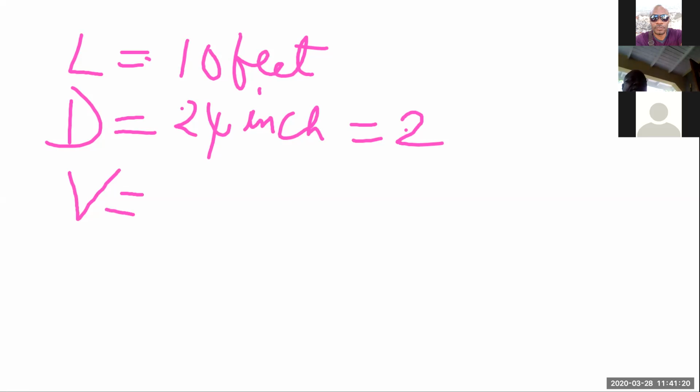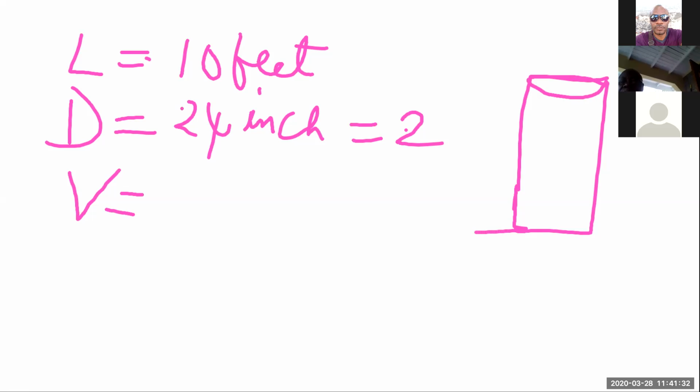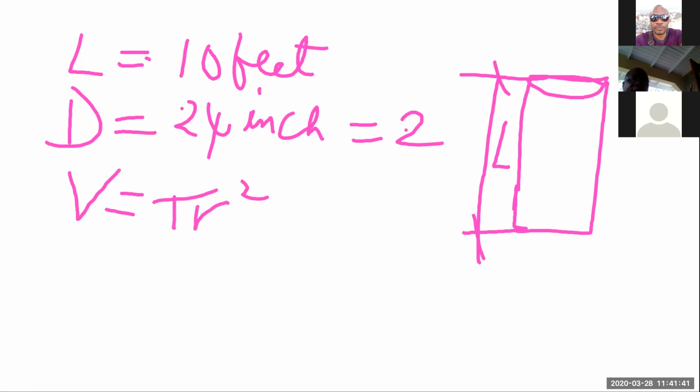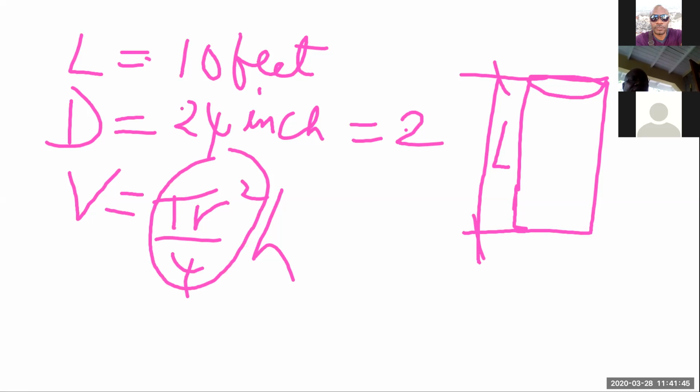Remember that piece of pipe looking something like this, is really a cylinder. And the length would represent your height in your formula. Remember the volume of a cylinder, pi r squared by h. And I translate that here. That is the same as the area of a circle, which is 0.78. Somebody give me a 78 what?